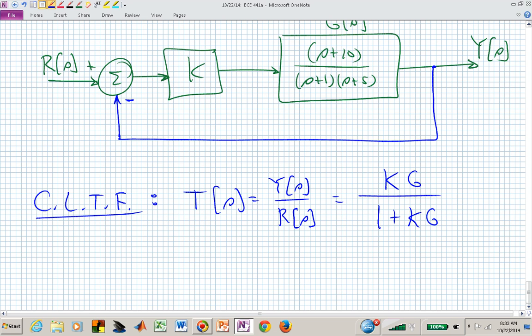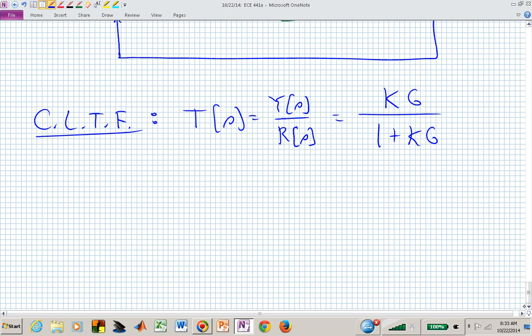Now if we put all of this together, a lot of times we are going to want just a ratio of a numerator polynomial over a denominator polynomial. If we parameterize our G as a numerator over a denominator, that's our open loop, numerator over denominator.